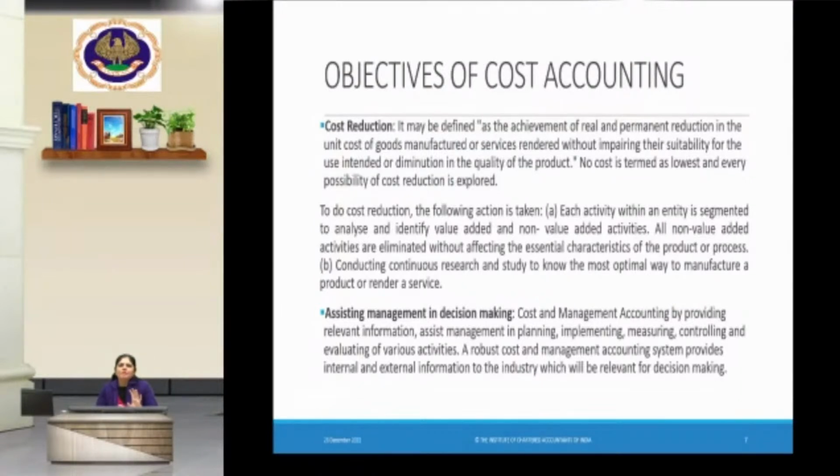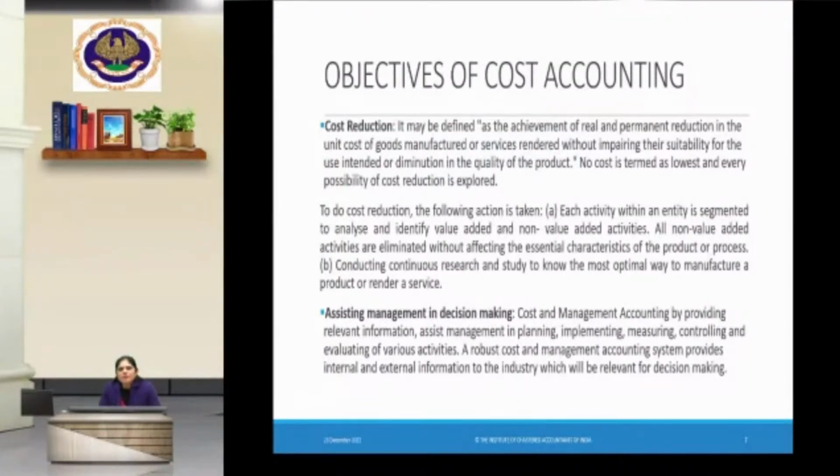Let us say a laborer is working, the labor needs rest also. So when the laborer is working, it's a productive activity. Then they monitor how much time the laborer takes to rest. So let us say the laborer is taking 15 minutes time to rest. They can reduce it to 10 minutes. So basically they try to eliminate or reduce the cost of non-productive activities.